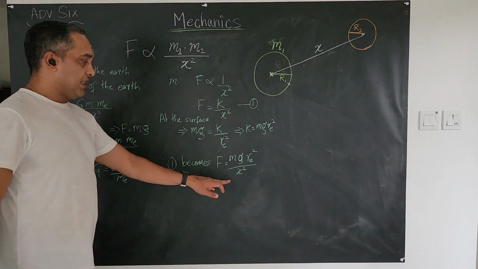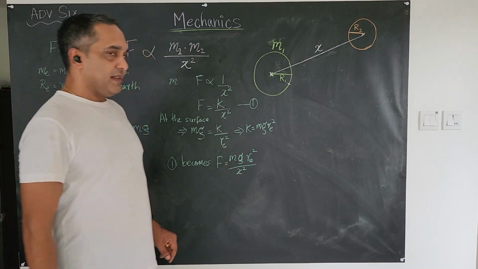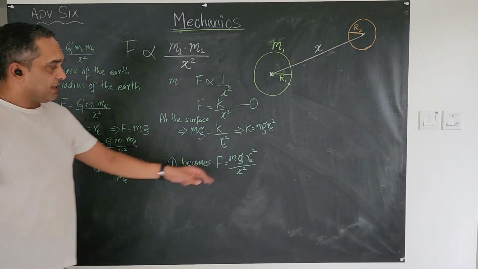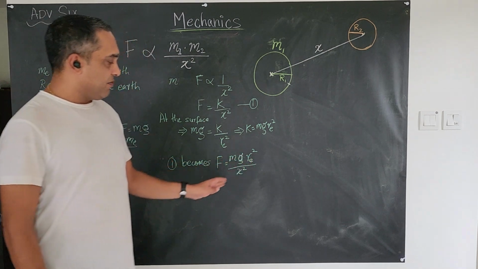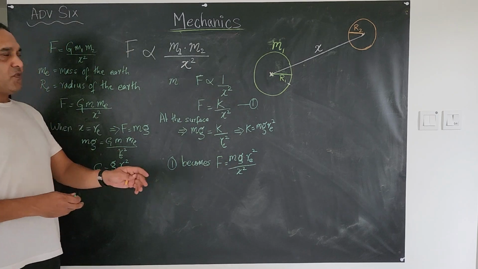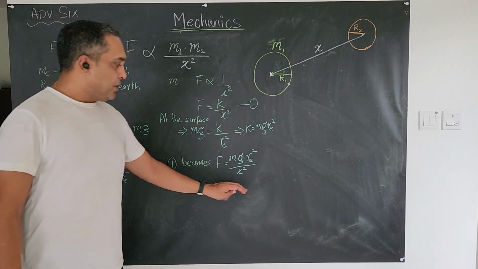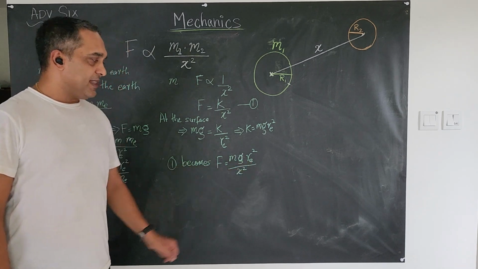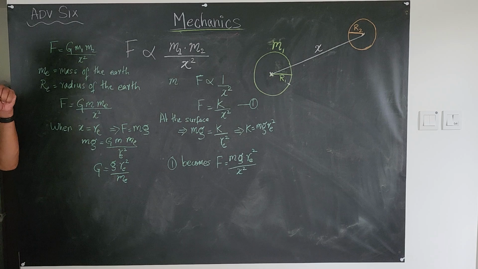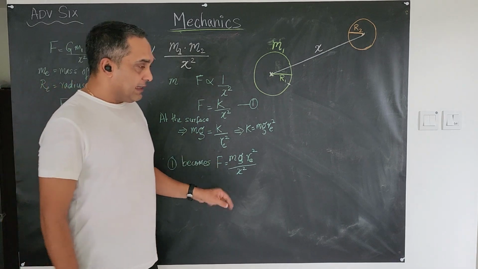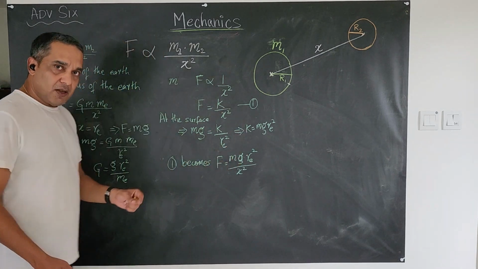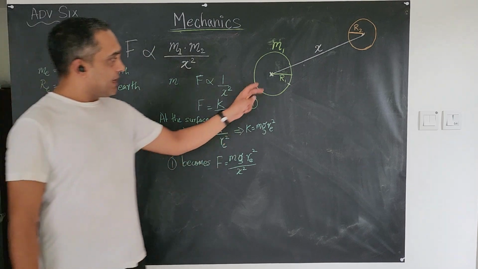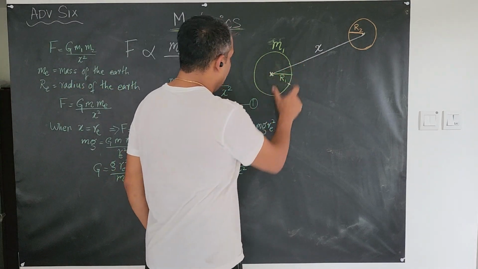And you can see as x tends to RE, you basically get just mg, because these two will begin to cancel out because x is getting closer to RE. So within reasonable distances to the surface of the Earth, this ratio becomes negligible. R is so large that adding a tiny bit to x over the R, because remember x is R plus something else, right?